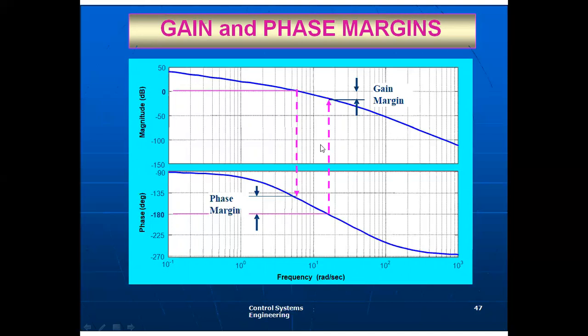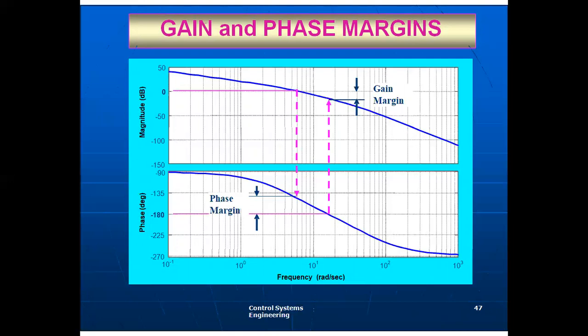Already in the polar plot, we stated that the gain margin is obtained at the phase crossover frequency. That is, where the polar plot crosses -180 degrees, at the corresponding frequency you find the magnitude, and the reciprocal of the magnitude will give the gain margin. Whereas for finding the phase margin, at unity magnitude, what is the phase angle? That will give the phase margin. Here we are finding the gain margin in terms of decibel magnitude.